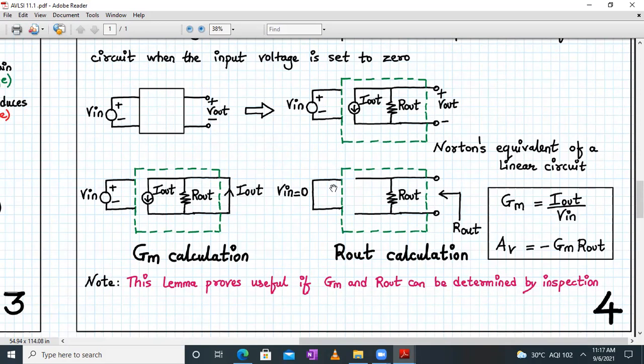And R out will be simply the equivalent resistance seen when V in is equal to 0. So what will be my gain now? Gain will be given by minus capital GM into R out. Now this lemma will prove useful if GM and R out can be determined by inspection, not by deriving.